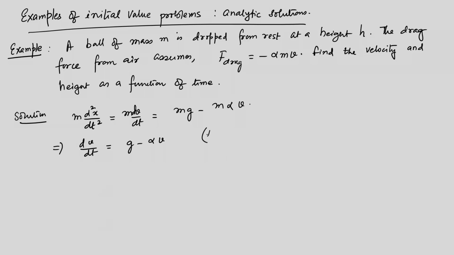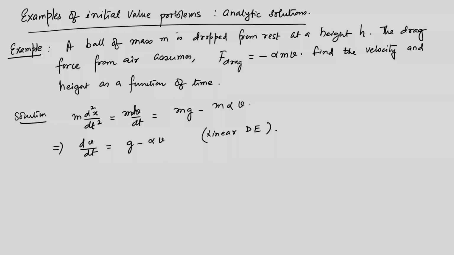Now, importantly note that it is a linear equation, because there is no term which involves v square and v prime and things like that. So it's a linear differential equation, and the degree is of course 1.